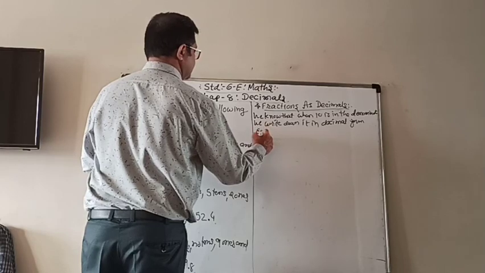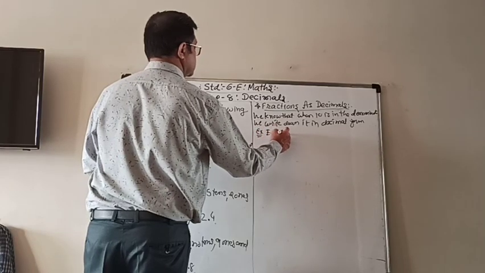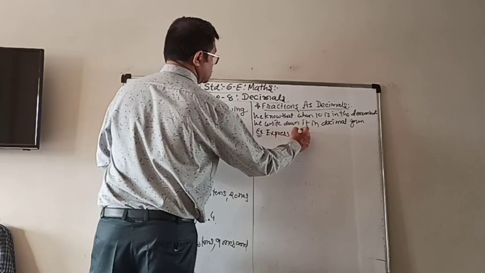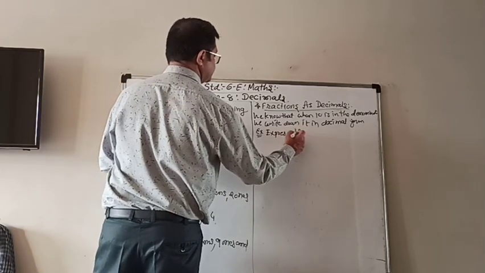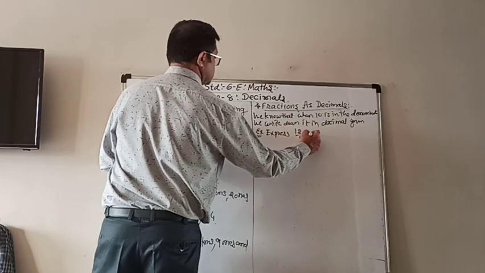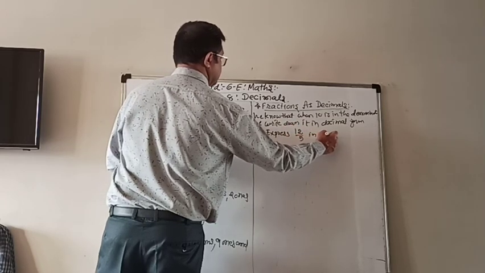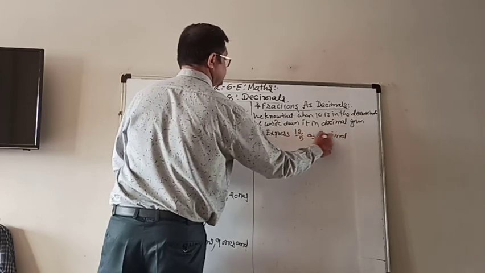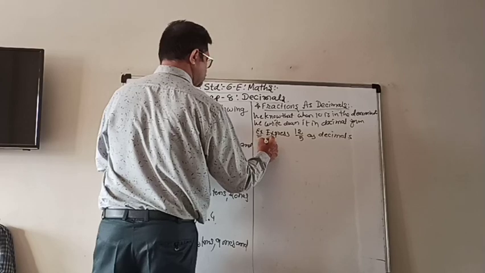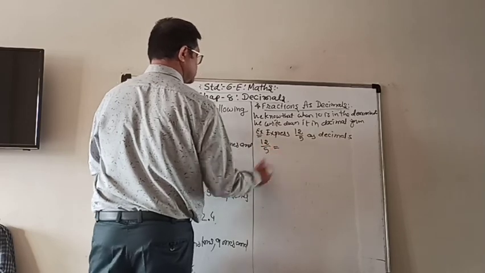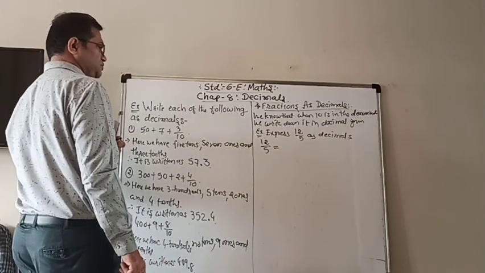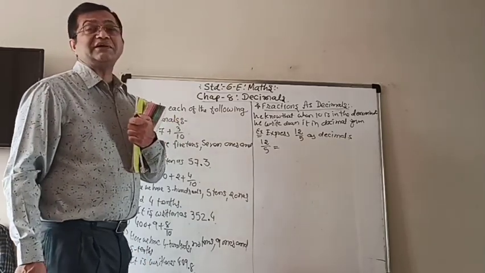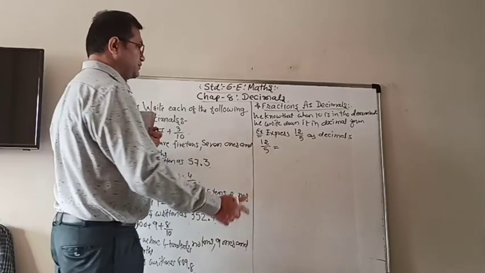We will take an example. Express 12 upon 5 as decimals. So now 12 upon 5. We know that we have to convert it such that there will be 10 in the denominator.